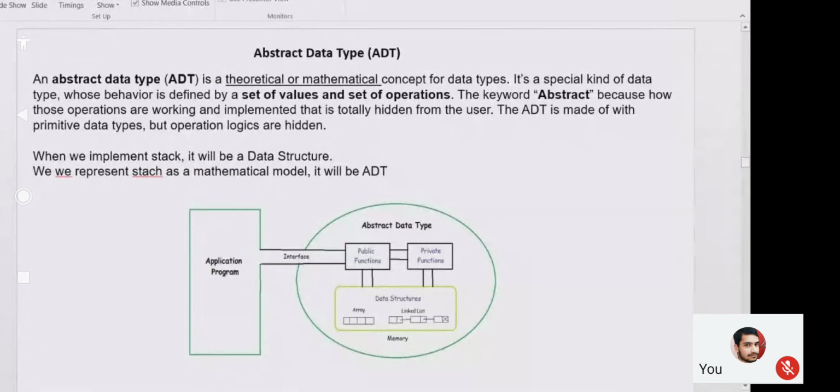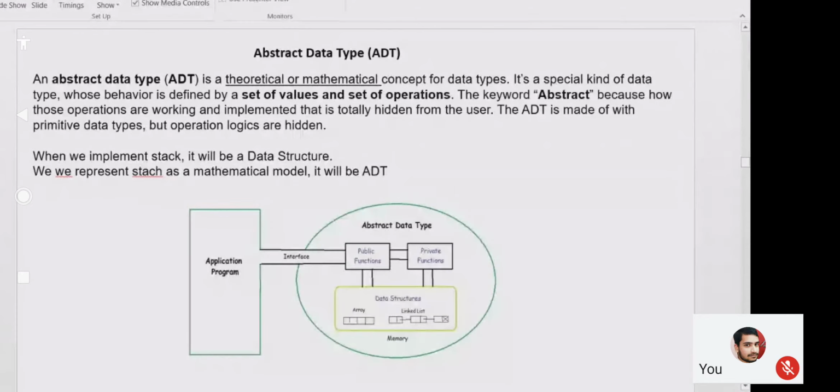So already you know what operations are performed on stack. The main operations are the push operation. Similarly, pop is also another operation. Display is also one operation that can display all the elements from the stack, and peep is also one operation.